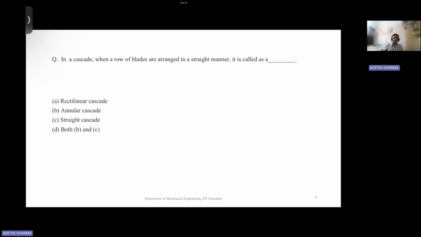We have just discussed that this is a rectilinear cascade, and we call it a straight cascade also. So in that case, both options are correct.